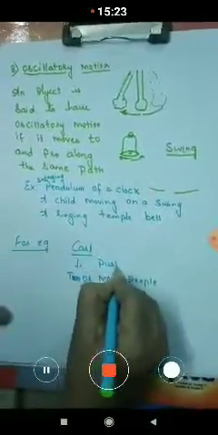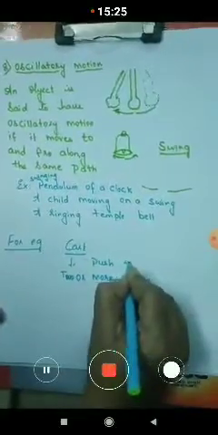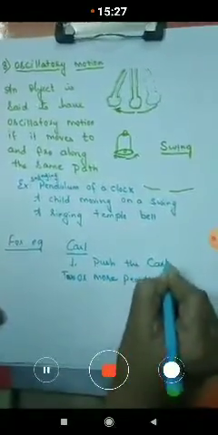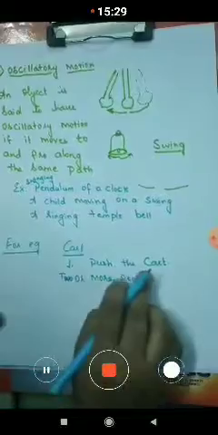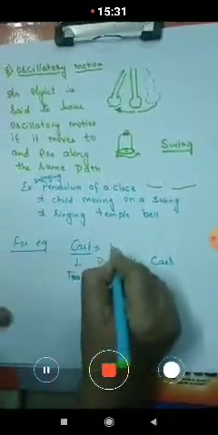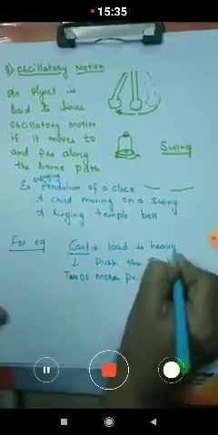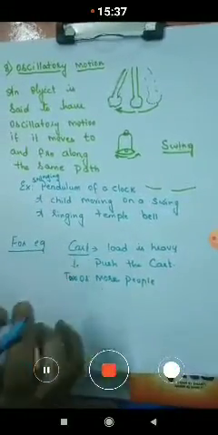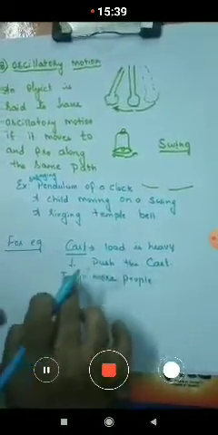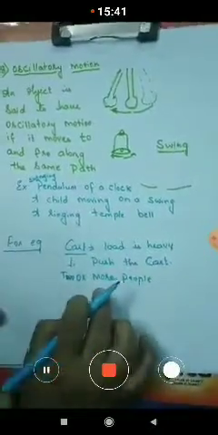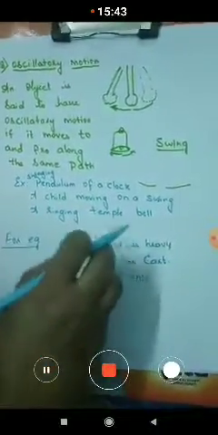So what are they doing now? They are pushing the cart. As the load is heavy, one person cannot push the cart. So two or more people had to help him push the cart.